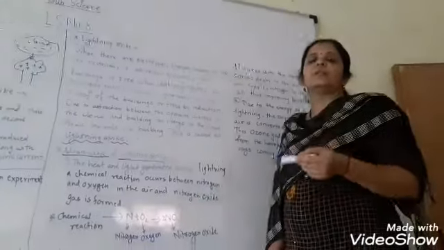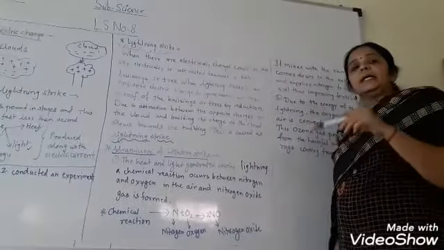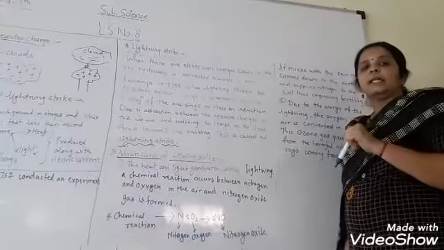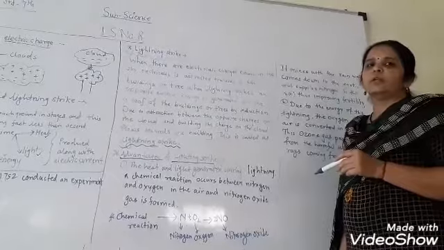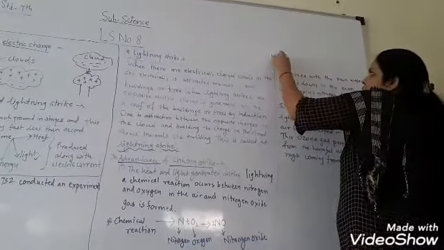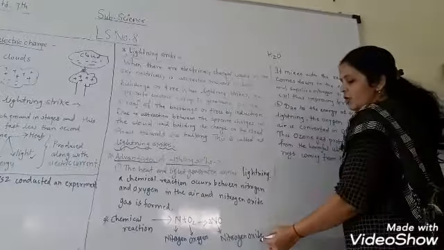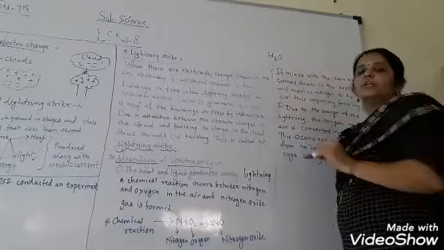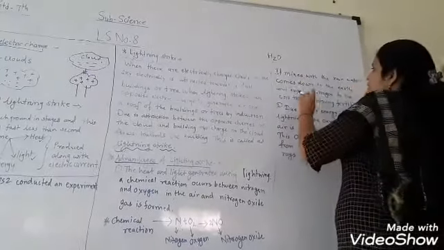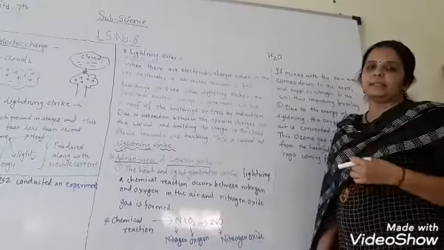What will happen further with this nitrogen oxide? This nitrogen oxide again reacts with the rainwater. Rainwater means what? Children, water. You know that the molecular formula for water is H2O. When this nitrogen oxide mixes with the rainwater, it falls down in the form of acids.